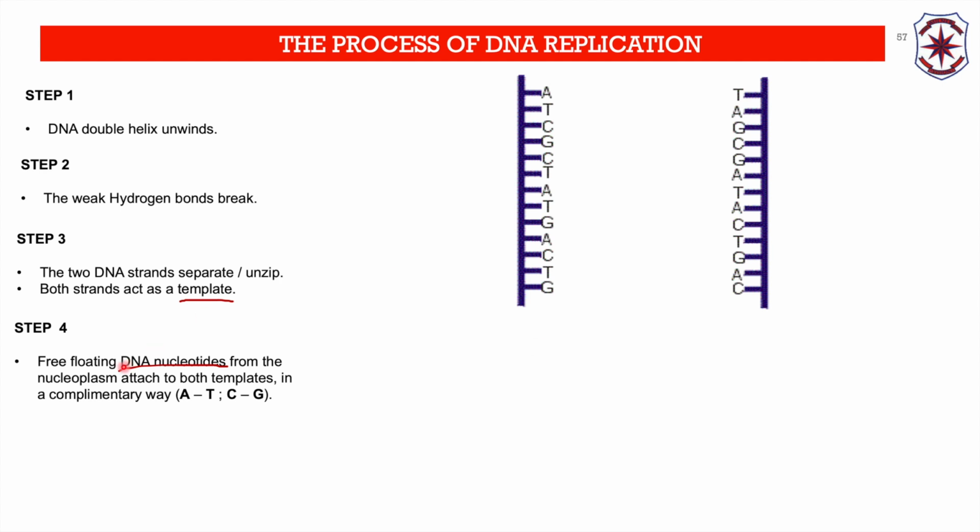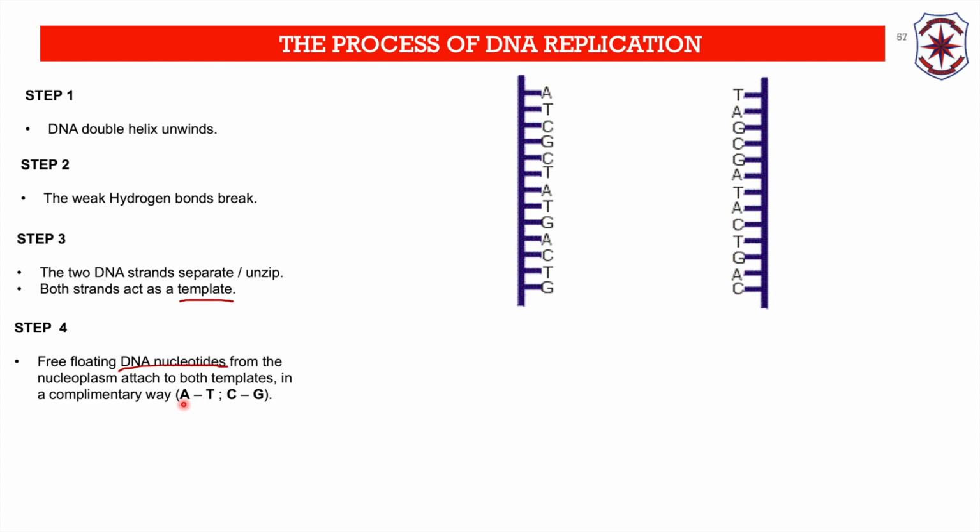Okay, so free-floating DNA nucleotides. Guys, please do not just say free-floating nucleotides. You must say free-floating DNA nucleotides from the nucleoplasm attached to both templates in a complementary way. Remember the complementary base pairing in DNA, if you can still remember the analogy: the apple always falls from the tree.